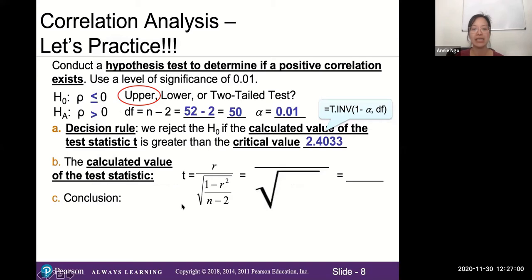And then for the test statistic, I'm just going to plug in my variables. Recall that the r we were given was 0.84. We'll plug that in here along with the n of 52. So you can see it looks something like this, right?